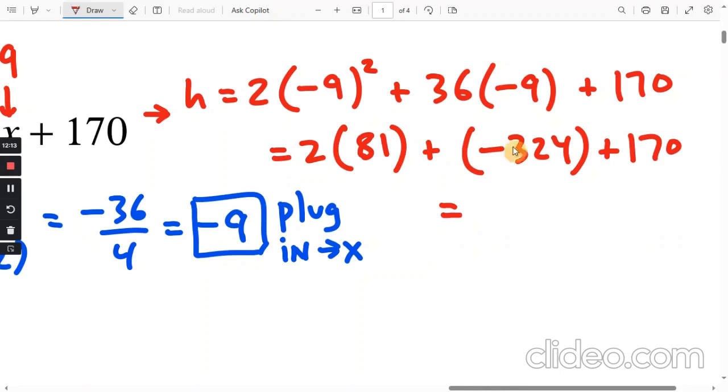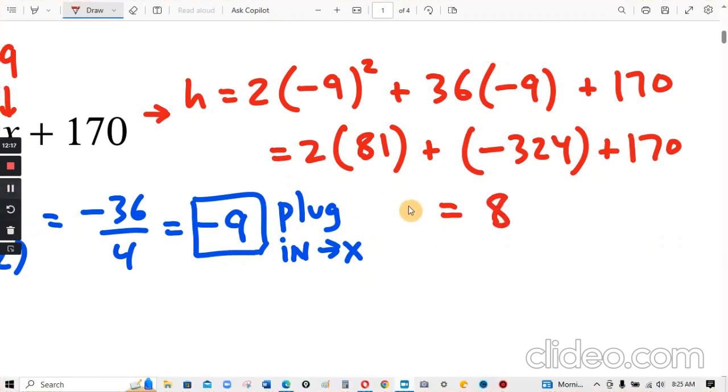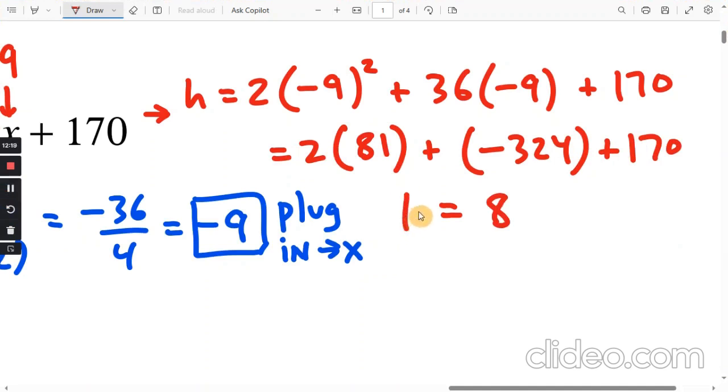Let me use the calculator here. And I get 8, so that is my value for K. And this is H right here. By the way, you can use the calculator right here in this step. I like to write it out in 2 steps. Anyhow, we have H and K.